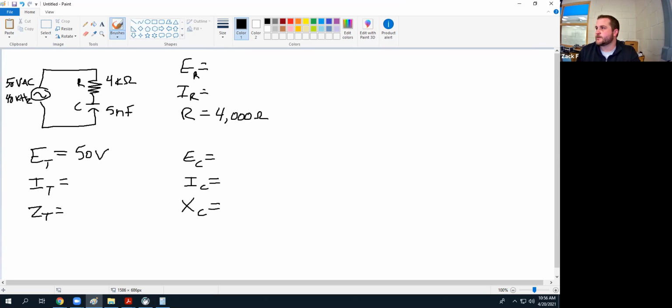Can you solve for the current at the resistor? How do you know what the voltage drop is across the resistor? Nope. What about this little formula? Can we solve for this? Yeah, we have enough information to do that, don't we?